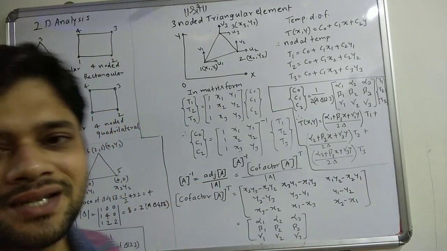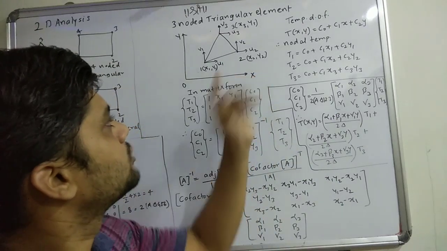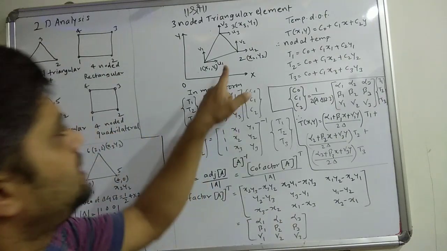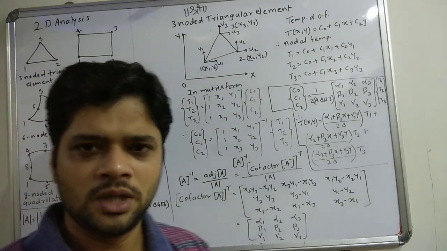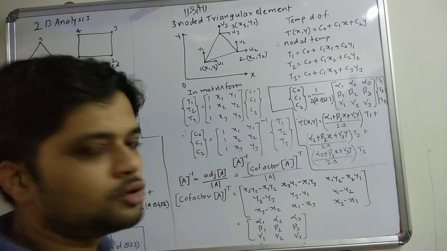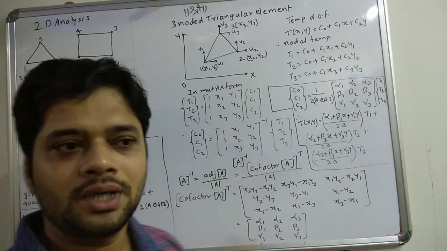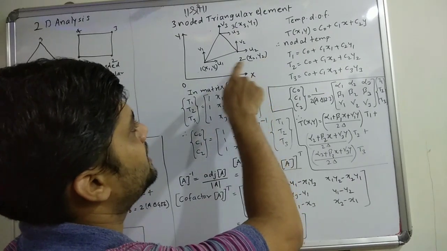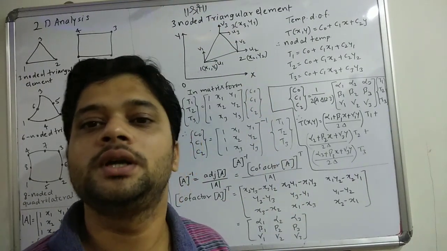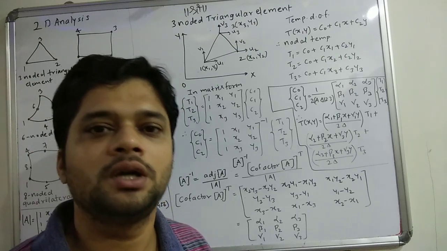Now, how are we going to find out the degrees of freedom on each node? When I am talking about a structural problem, each node can move in the x direction as well as in the y direction. So that gives me 2 degrees of freedom.